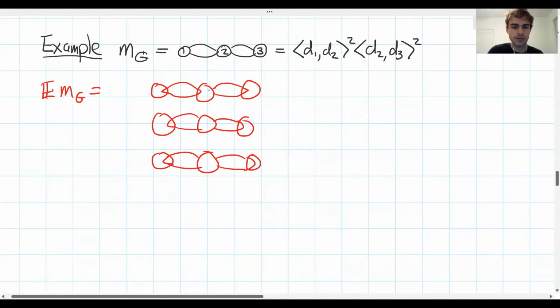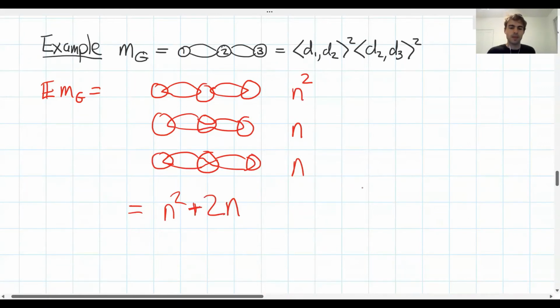And for 2, you could either pair them like this, or like this. In this first case, there are 2 loops formed by the perfect matching collection, so you get a factor of n squared. In the second case, there's only 1 loop. In the third case, there's also only 1 loop. So in total, the sum is n squared plus 2n. So again, this gives an exponential formula for the expectation of MG over some sort of combinatorial objects in the graph.